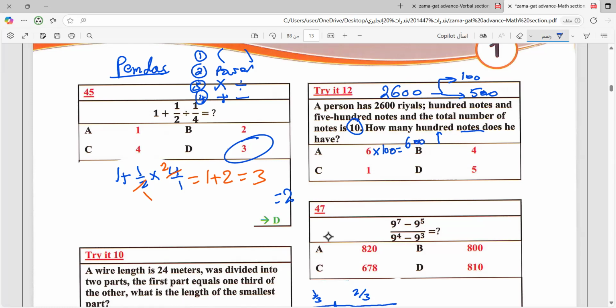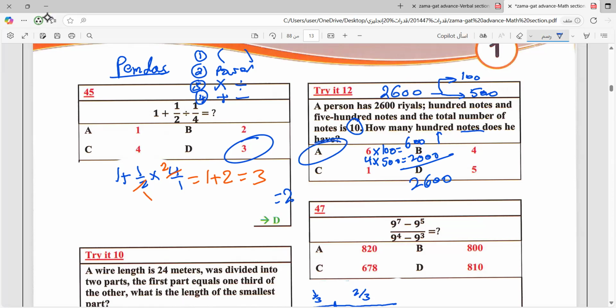What is the remainder of the 10 after 6? We have 4. 4 times 500, we get 2,000. So we get the same amount. So the answer is A, 6.